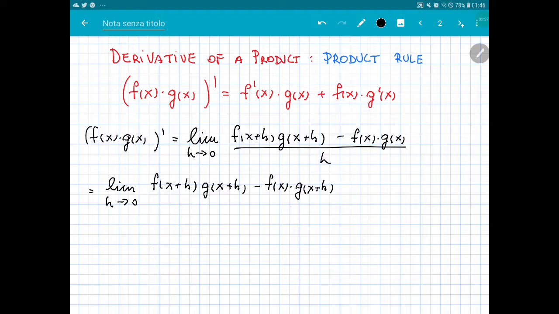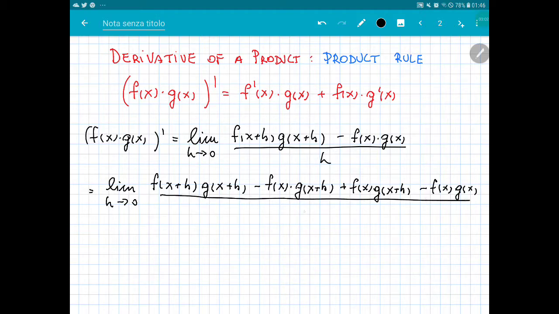Clearly I cannot just subtract whatever I want. If I do that, then I also must add the same quantity so that I don't change my expression. In this way I subtracted and added the same, so it's like I'm just adding 0, which doesn't change the fraction. And then I have the other term, f of x times g of x, all divided by h.